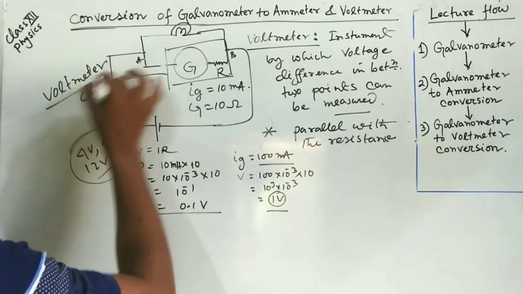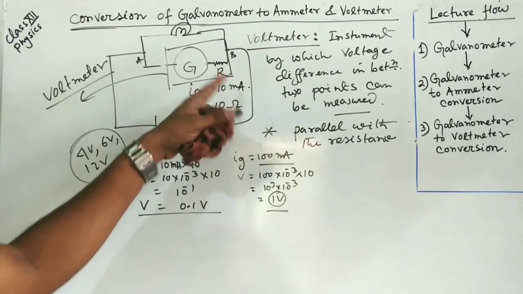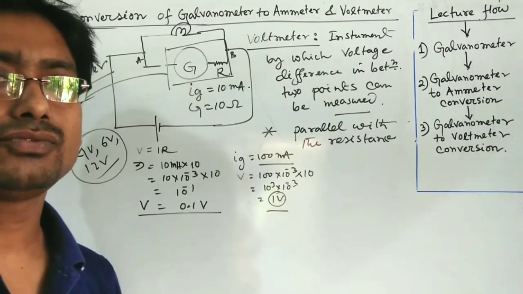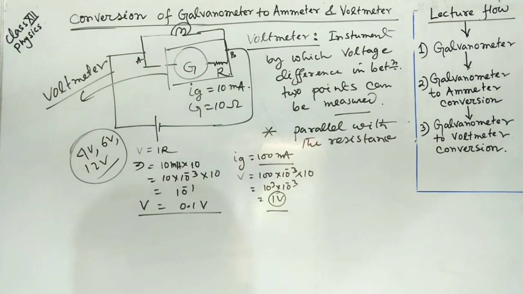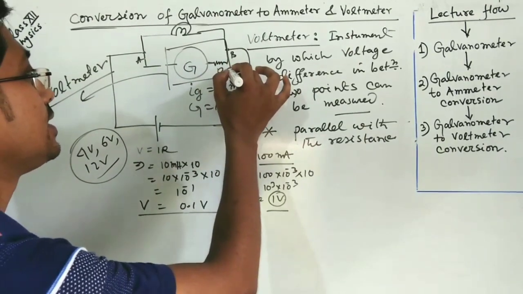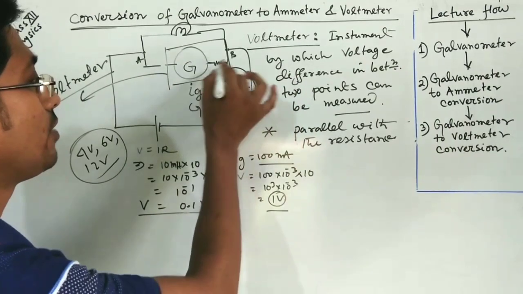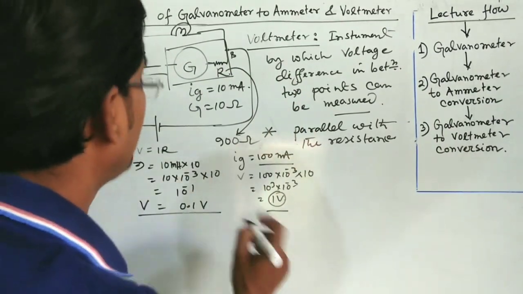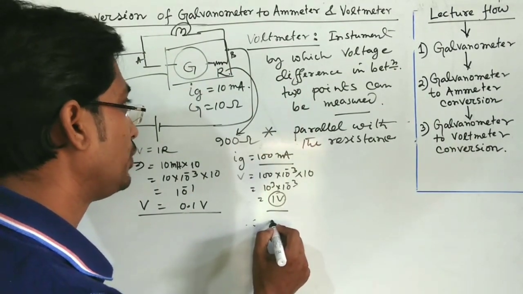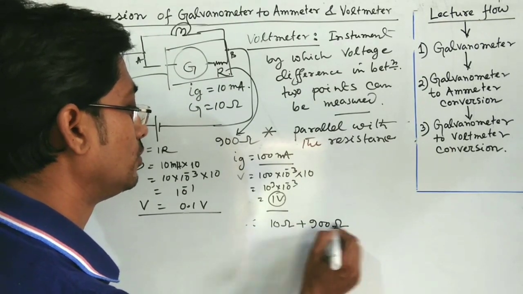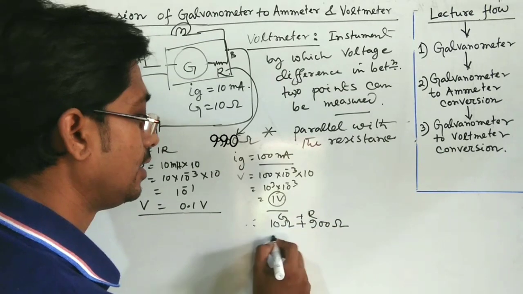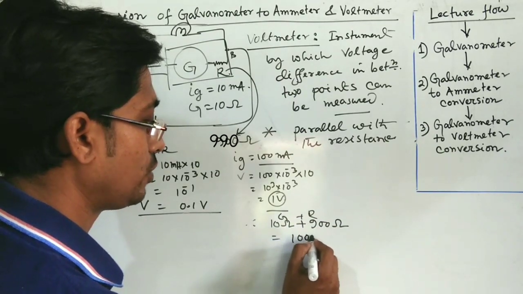Voltmeter. But what is the utility here? When we increase the resistance in series with the galvanometer, what will happen? Suppose the galvanometer resistance is 10 ohm and the heavy resistance we have attached is 900 ohm. Then the total equivalent resistance, G plus R, will be 10 plus 900, which gives 1000 ohm.